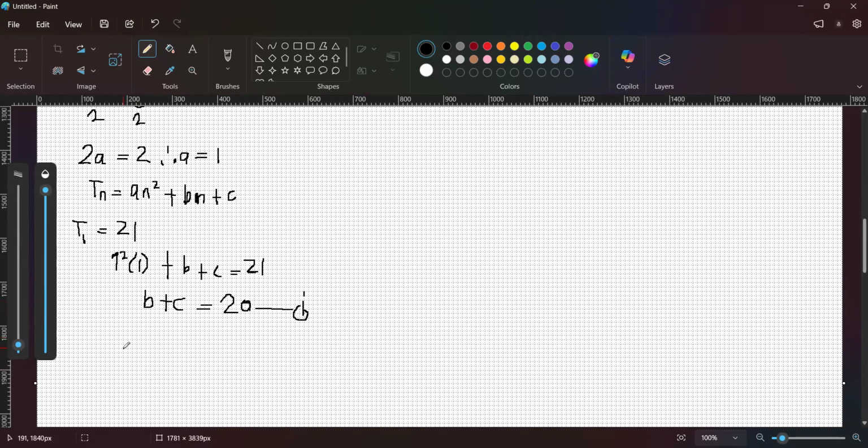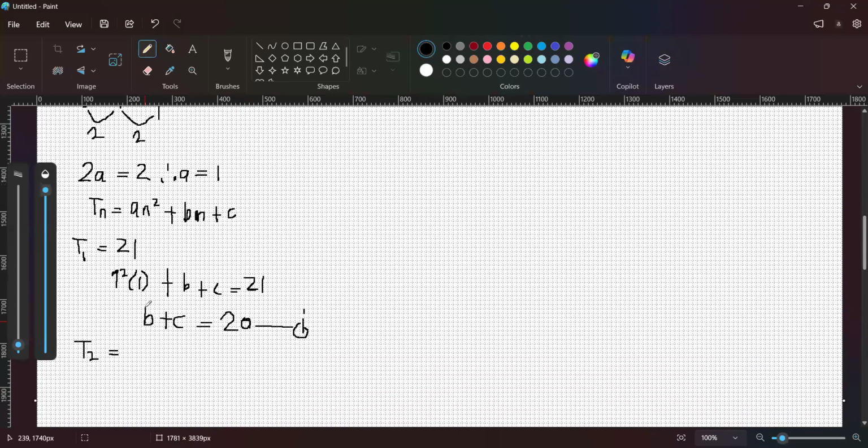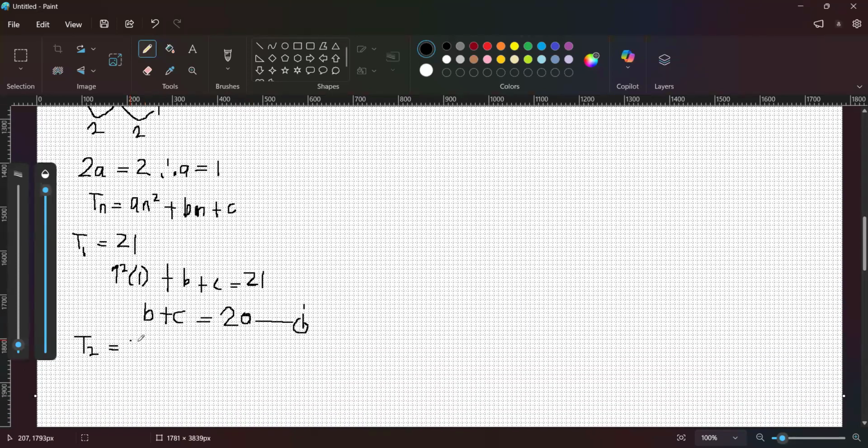Can you figure out C2 will be what? 26. Okay.